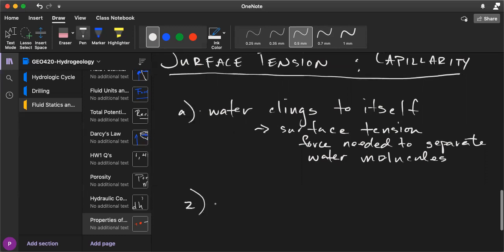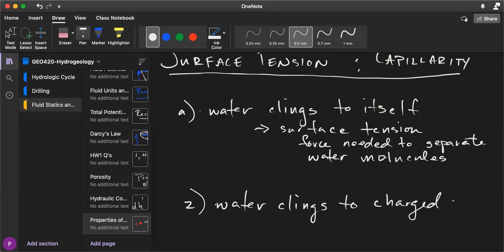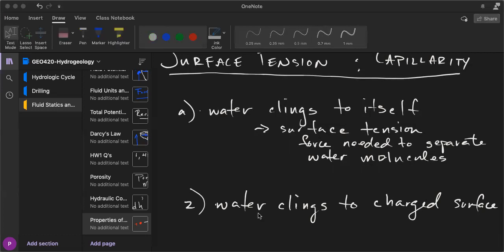And then the other thing is water clings to a charged surface. So if a surface has a polar charge, then the water has a positive or a negative end, and it can flip flop.